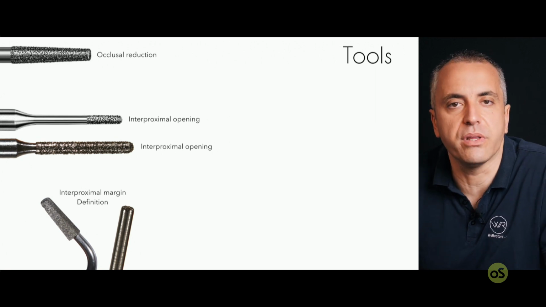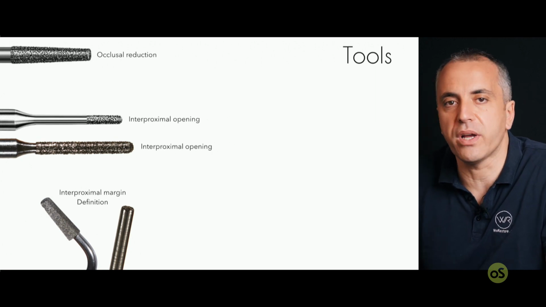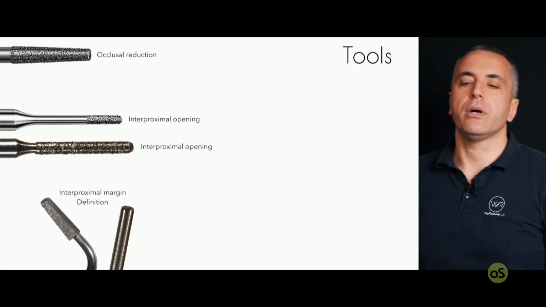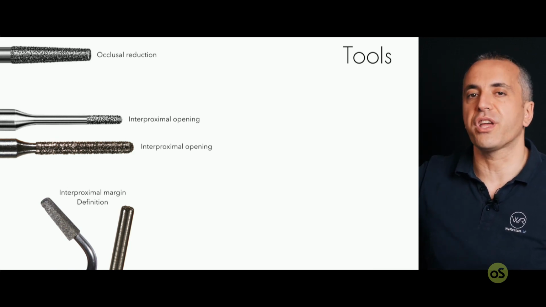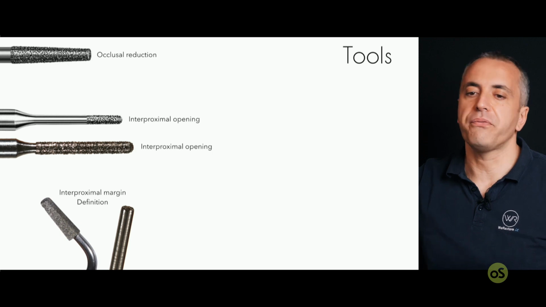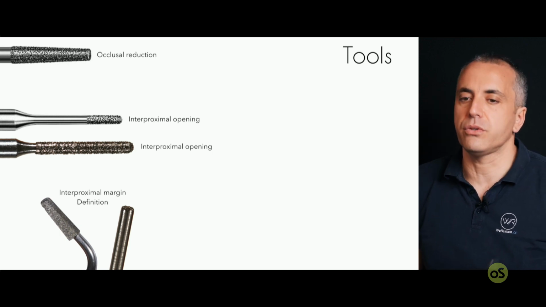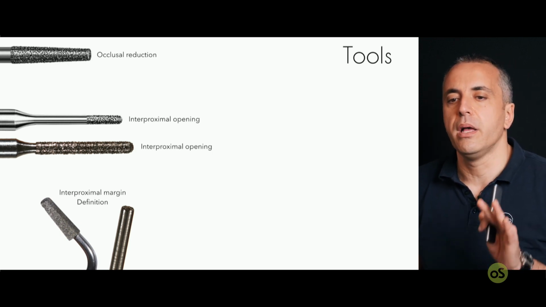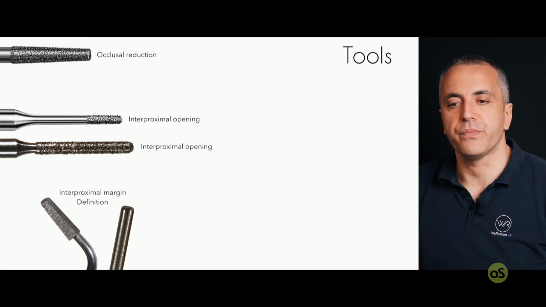I prefer to work with the sonic, but they are quite expensive, and some colleagues can't afford it or work in a consultant office where they don't have a sonic instrument, so they can achieve the same target, same scenario with the burr that cuts on the head.